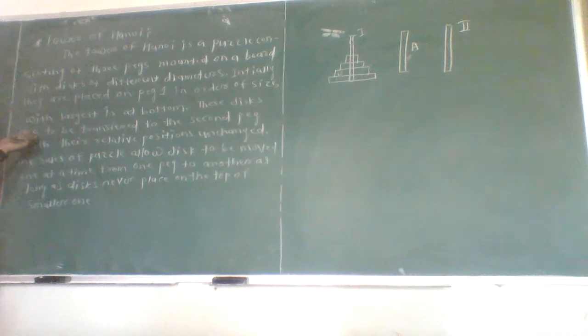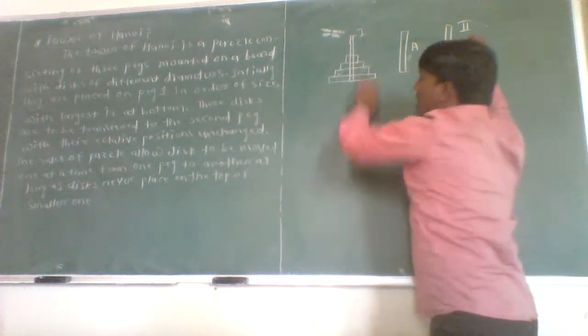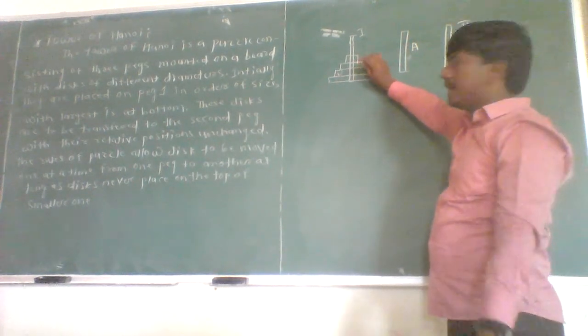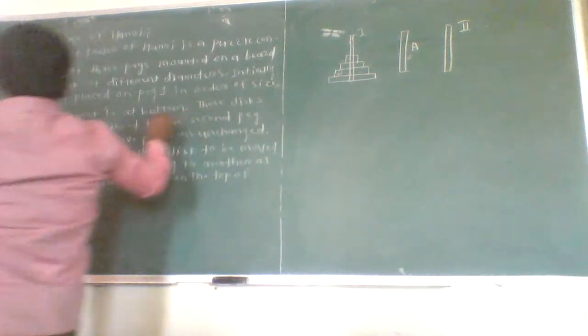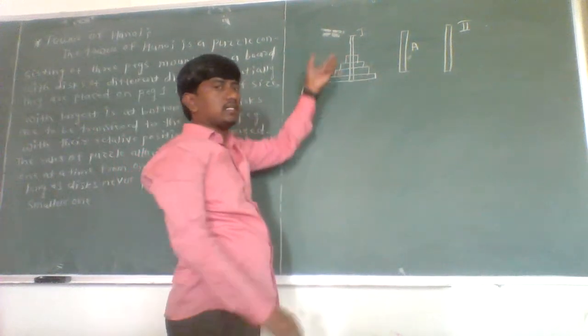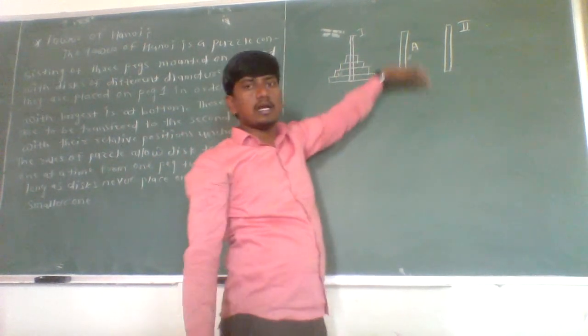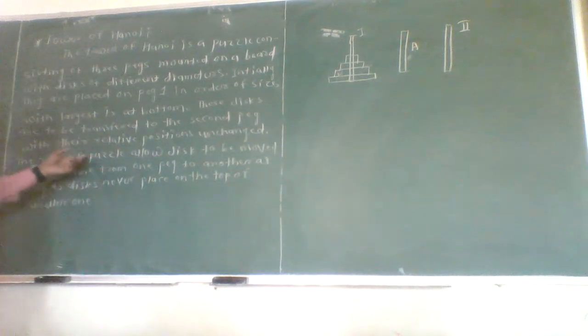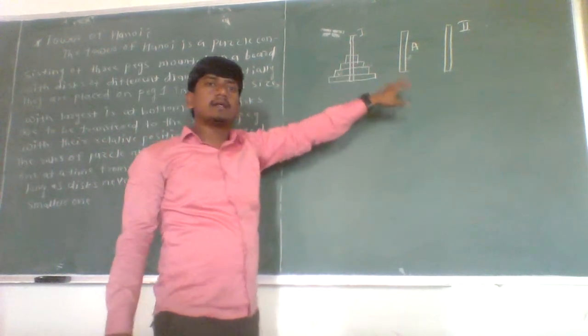Now, these are to be transferred to the second peg. We have to transfer these discs from the first peg to the second peg with their relative positions unchanged. That is, here also the largest one is at the bottom, and similarly going on. The rules of the puzzle allow a disc to be moved one at a time.